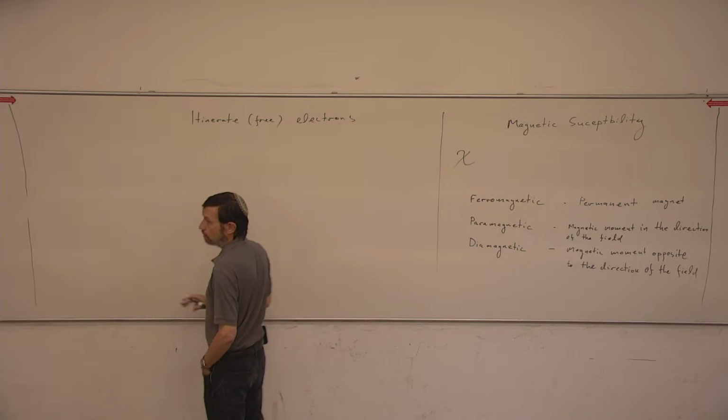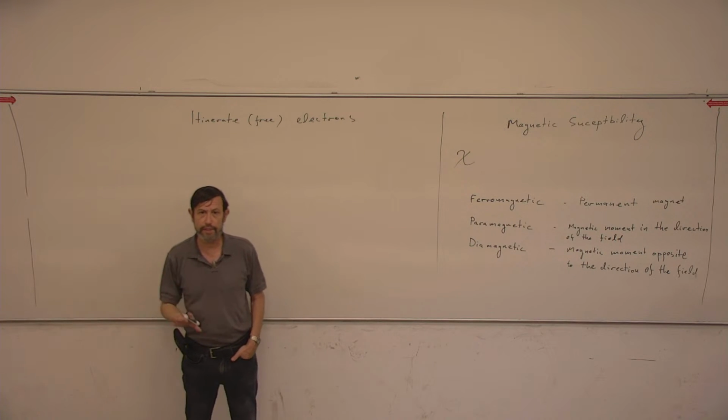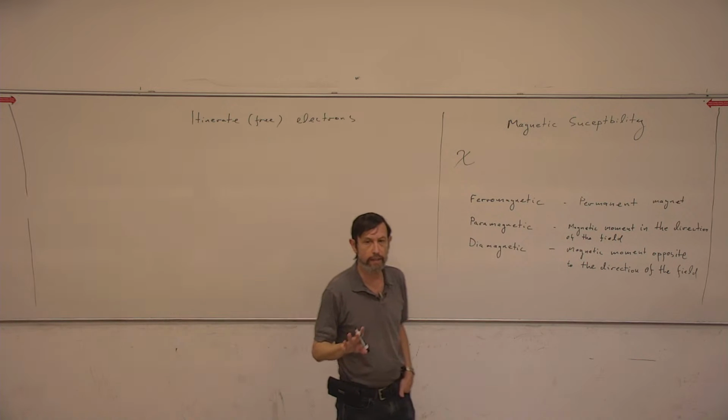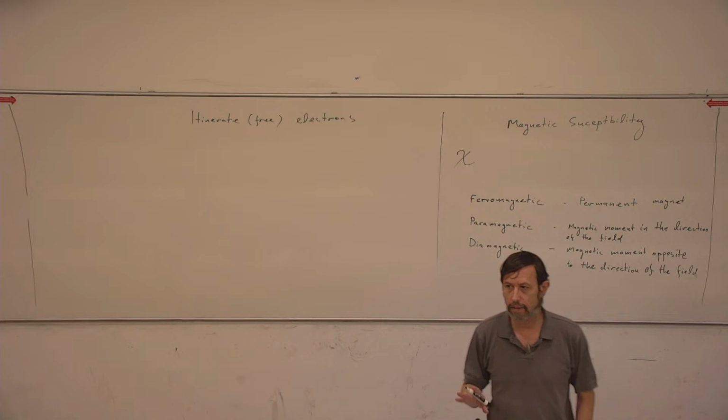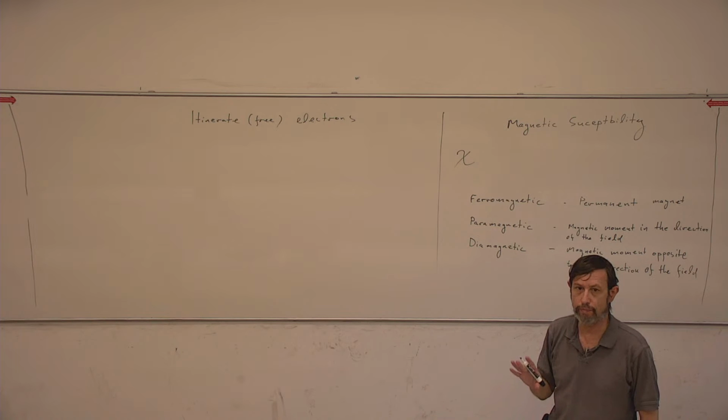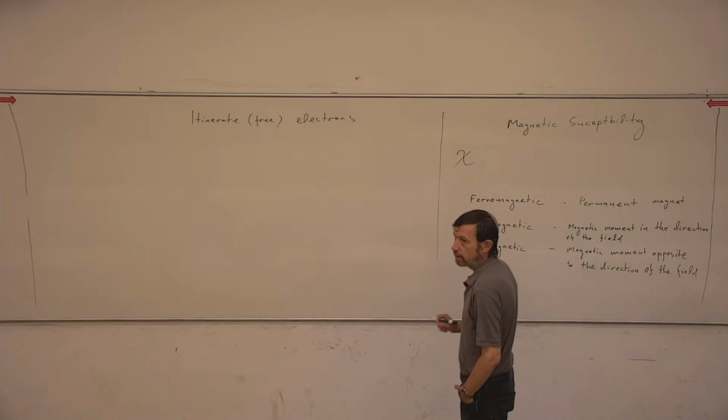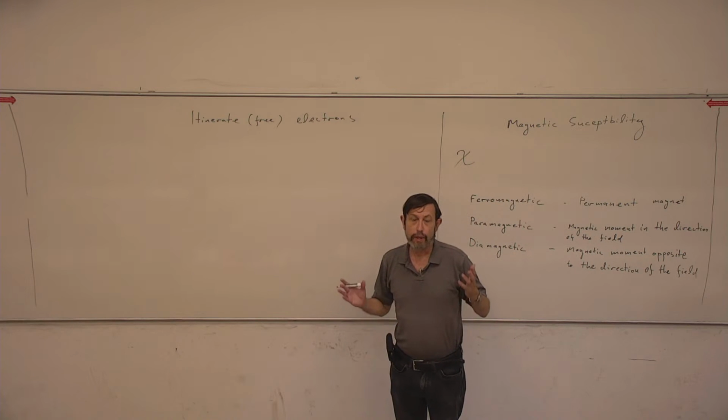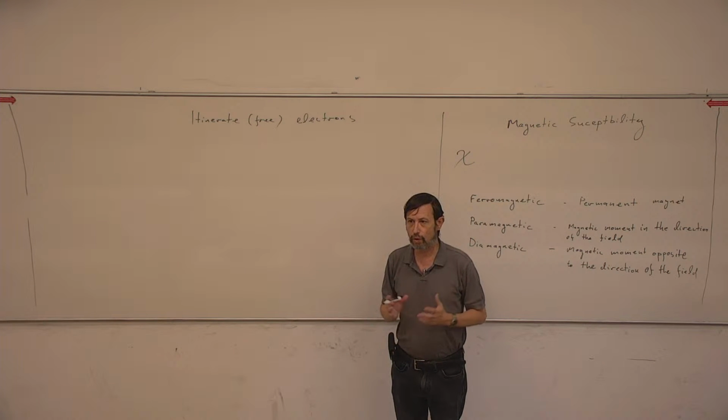Now, there are two different physical effects that can drive a magnetic response from the electrons. Why? Because there are two different origins of a magnetic dipole in electrons.